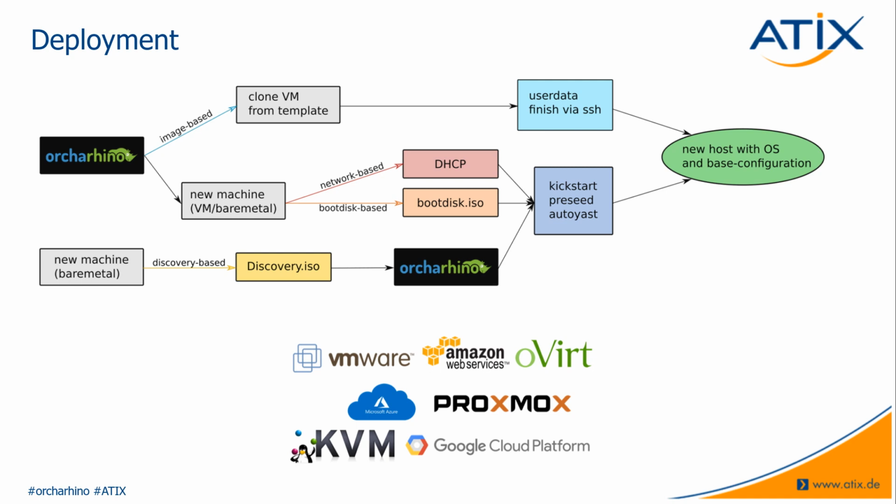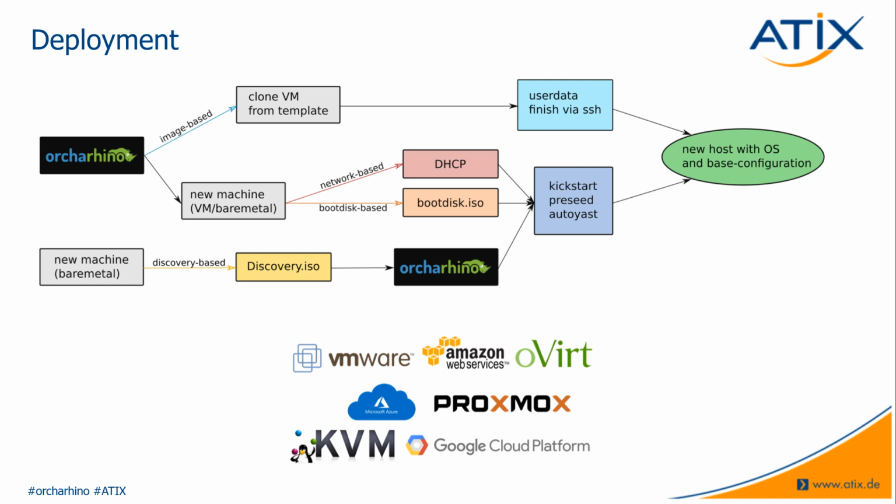We use techniques like DHCP and pre-boot execution environments, and we can use orcharhino to clone VM templates, or to use, again, minimal boot images to perform a more static installation.